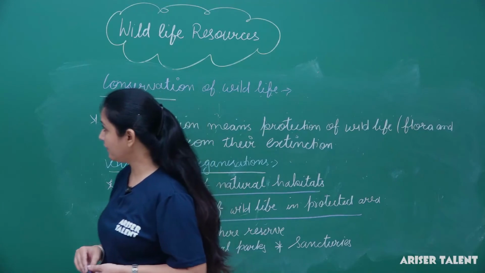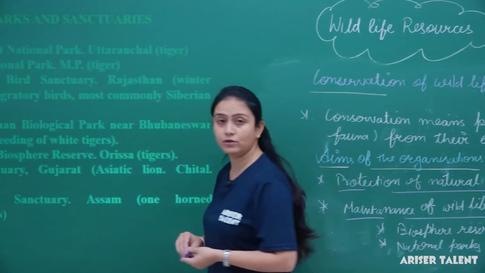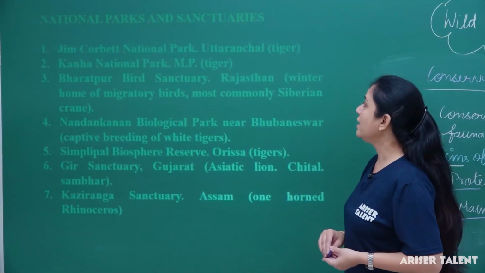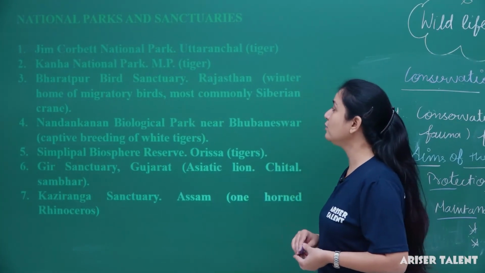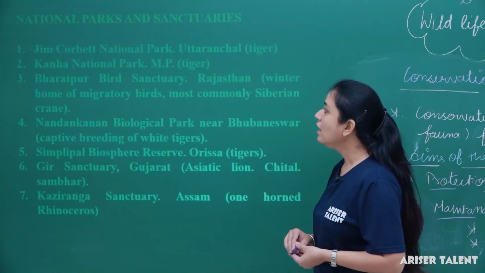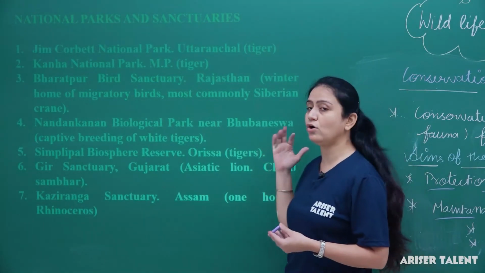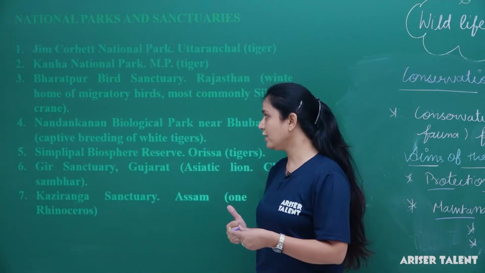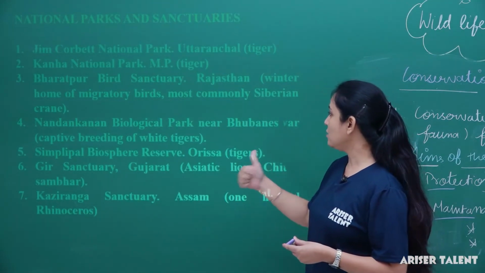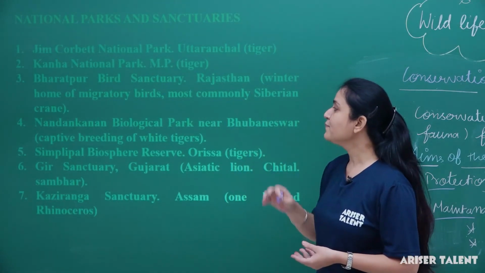Jim Corbett National Park in Uttaranchal, Kanha National Park in MP, Bharatpur Bird Sanctuary in Rajasthan, the winter home of migratory birds, most commonly the Siberian crane. You all have studied about them in junior classes. Nandankanan Biological Park near Bhubaneswar.